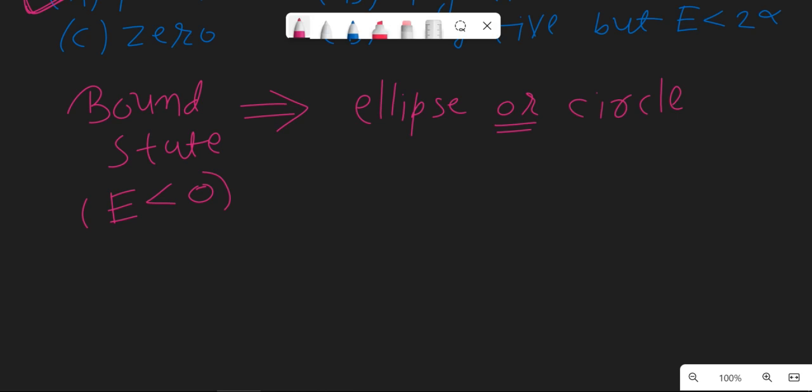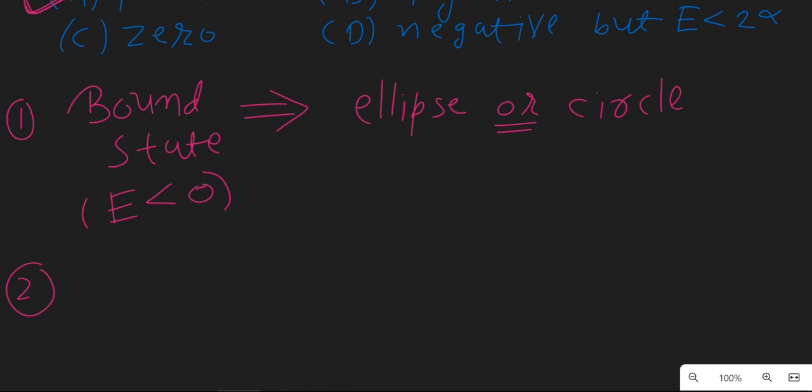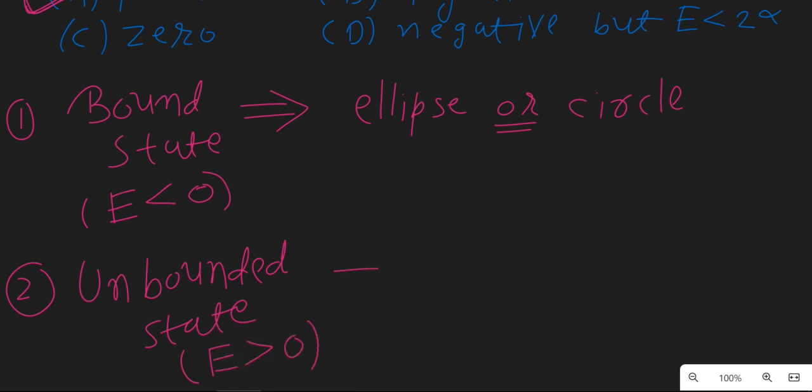And for an unbounded system, that is free, an unbounded state, energy is always positive, and the shape is parabolic or hyperbolic.